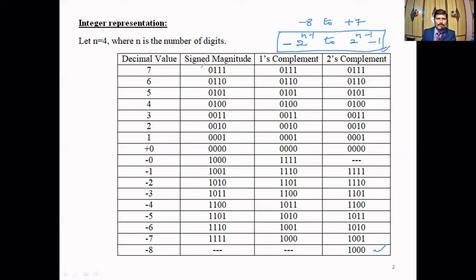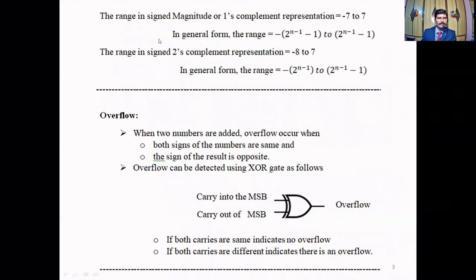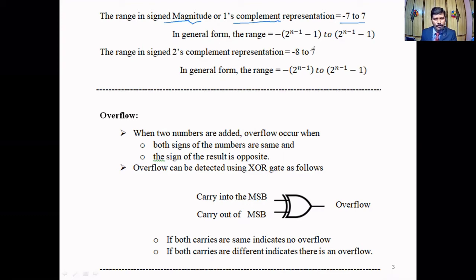Suppose n equal to 5, then calculate 2 power 5 minus 1, 2 power 4, that is 16, to 15. Observe here, the range in sign magnitude or 1's complement representation is minus 7 to plus 7 in the case of n equal 4.